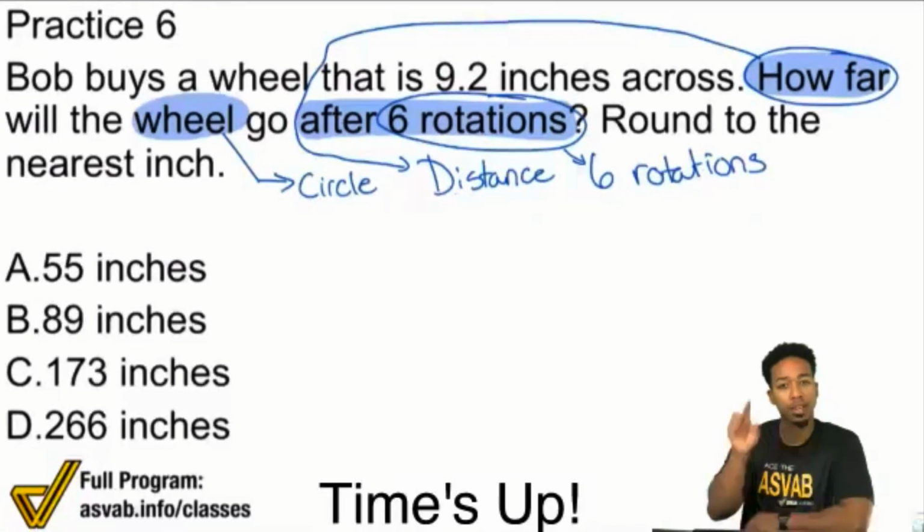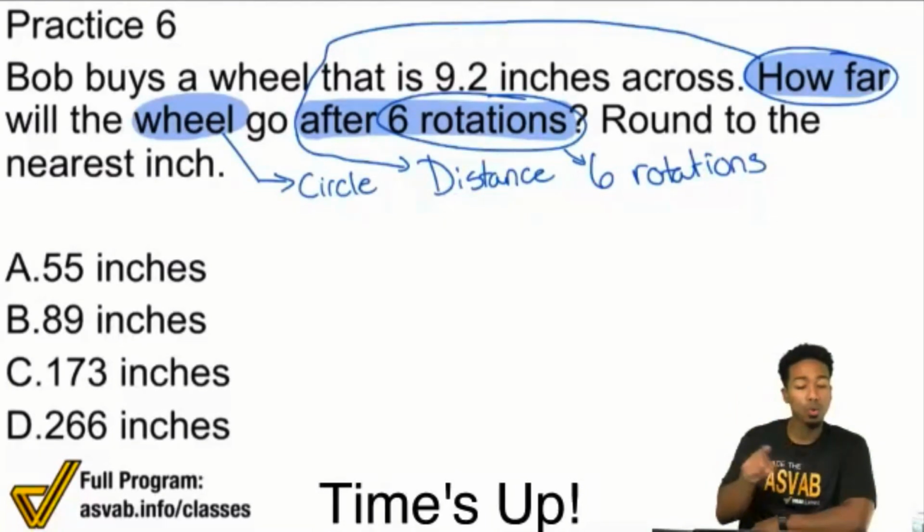Everybody, what did I just do with my finger there? Again, this is what I mean. Think about it intuitively. Rotate 6 times. What am I doing with my finger? What math am I imagining with my finger? I can go the other way too. I can go clockwise or counterclockwise. If I go one complete rotation around a circle, I have completed one what? Circumference.